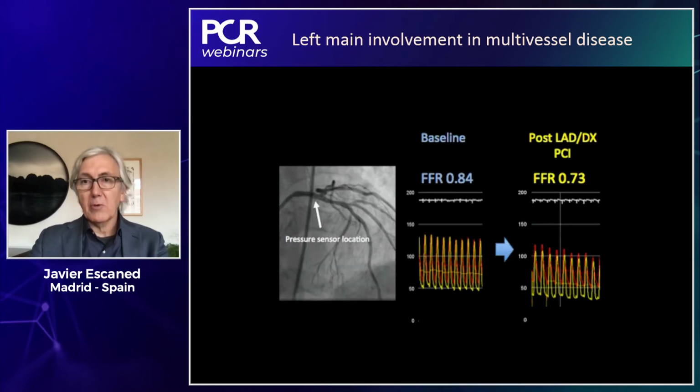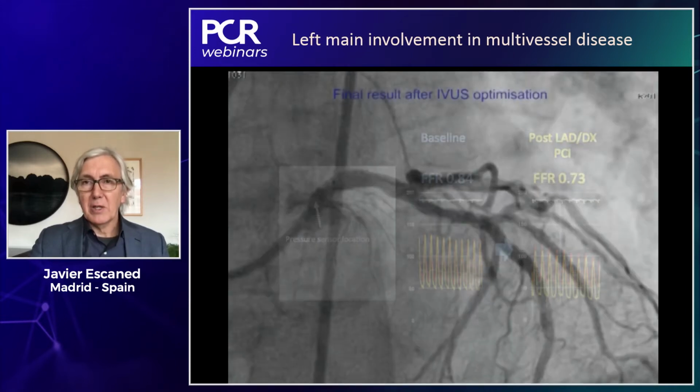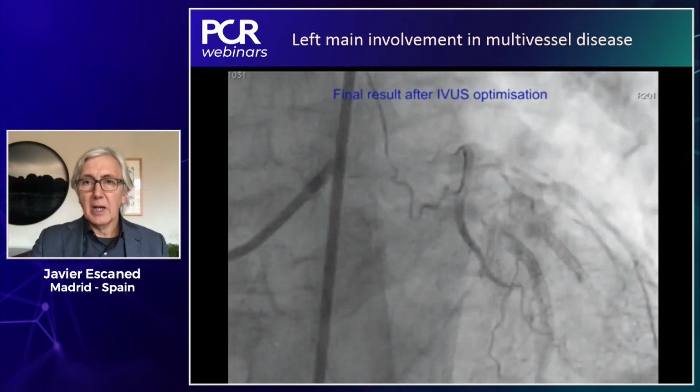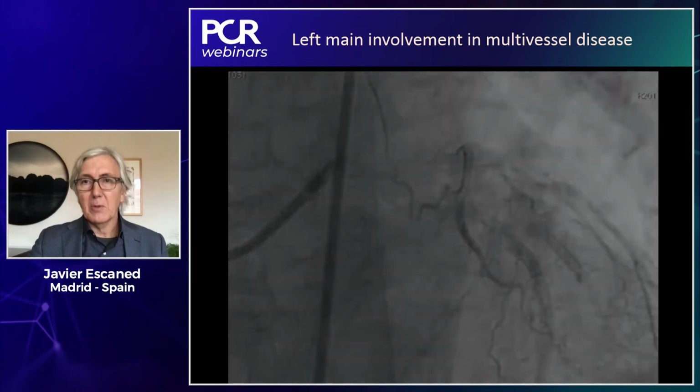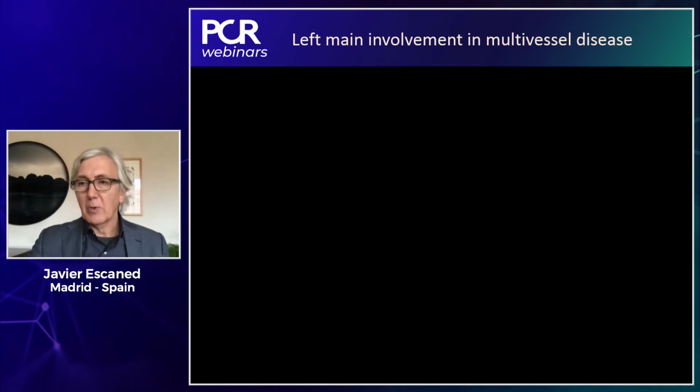So you can see that here we are performing a pressure pullback after treating the LAD and the diagonal. And then, interestingly, what we had is a clear demonstration of the interaction that you may have if you have severe disease downstream.